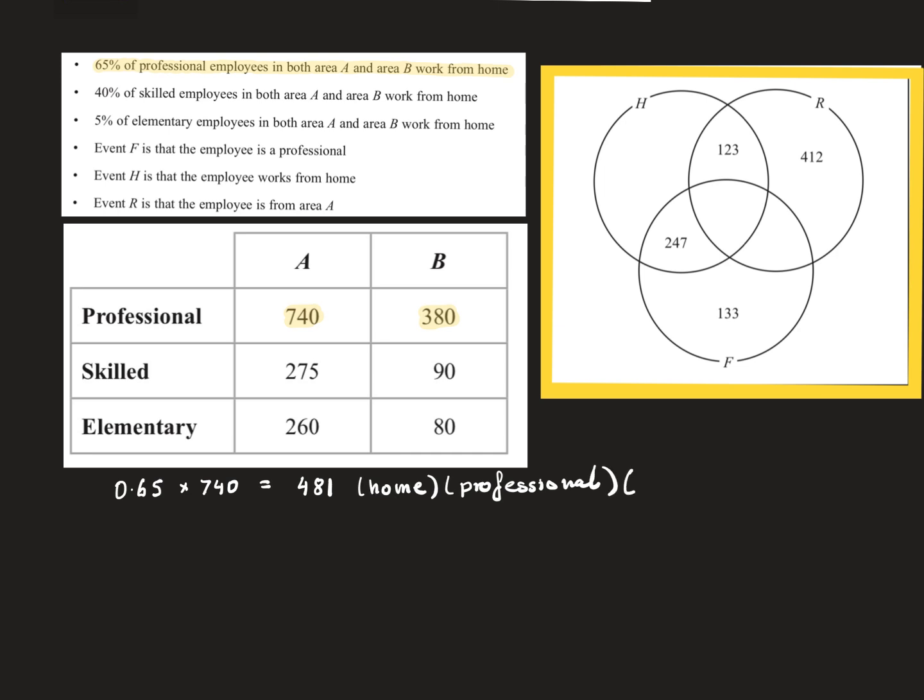And they are in area A. Next, we'll have 0.65, and we'll multiply that by 380, and that will be 247. And these are people working from home. They are professional, but they live in area B.